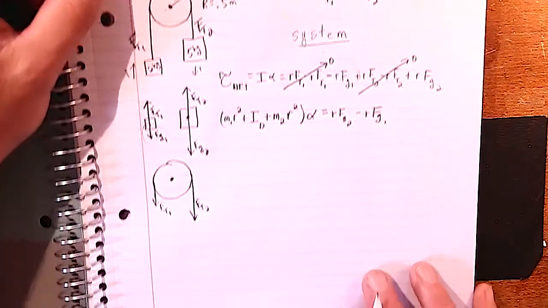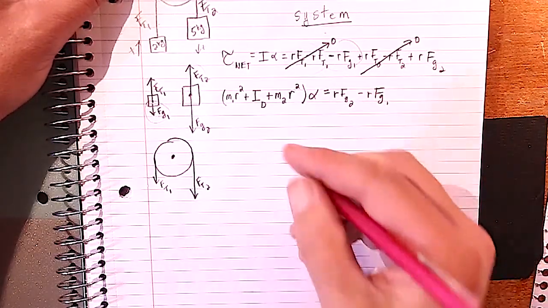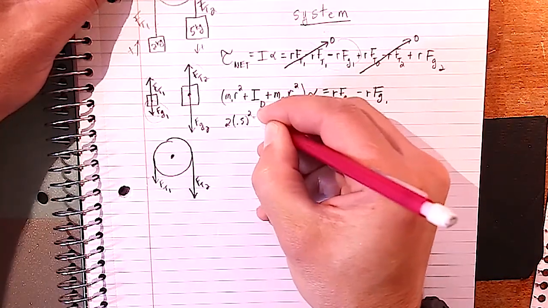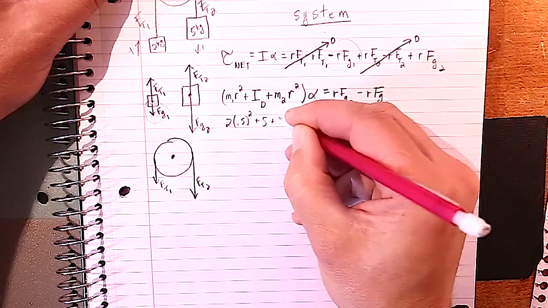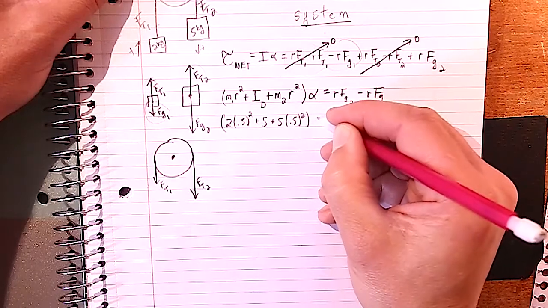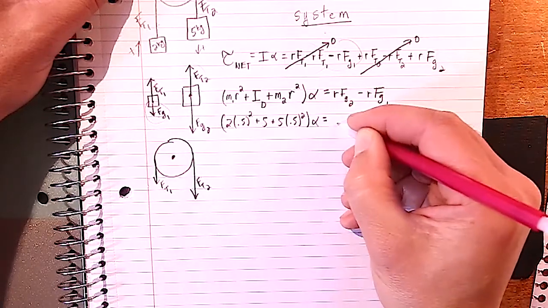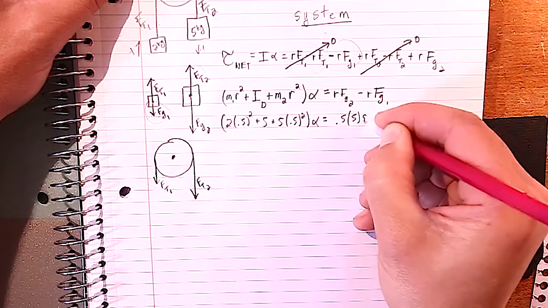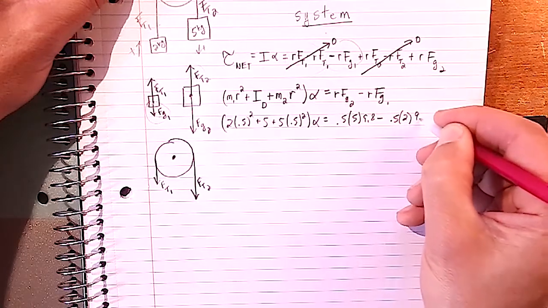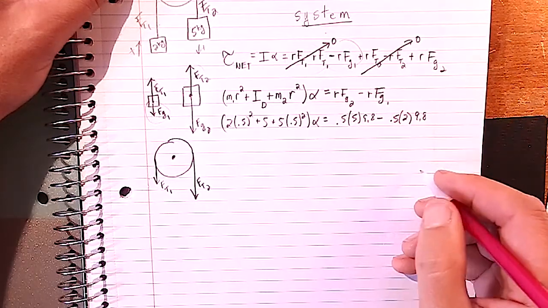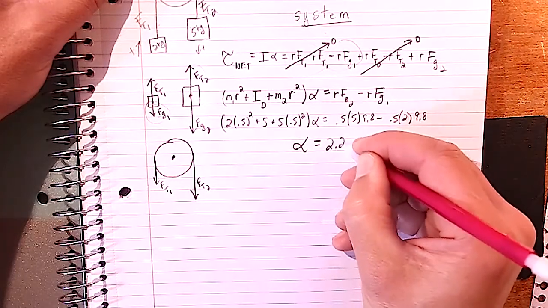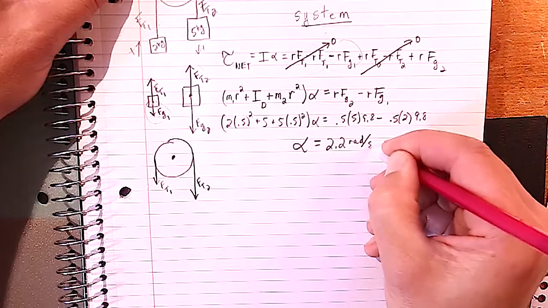And now we put our numbers in. So we have 2 times 0.5 squared plus 5 times 0.5 squared, all times alpha, is equal to 0.5 times 5 times 9.8 minus 0.5 times 2 times 9.8. And when you solve that for alpha, you end up with 2.2 radians per second squared.